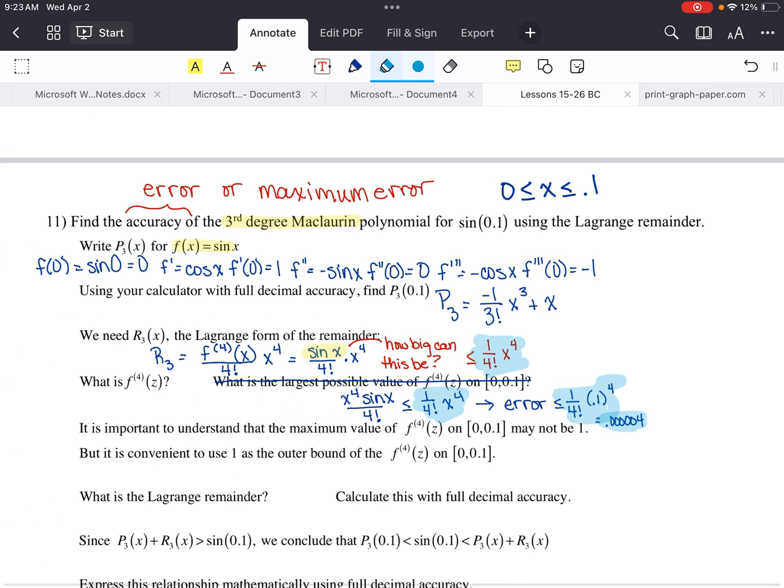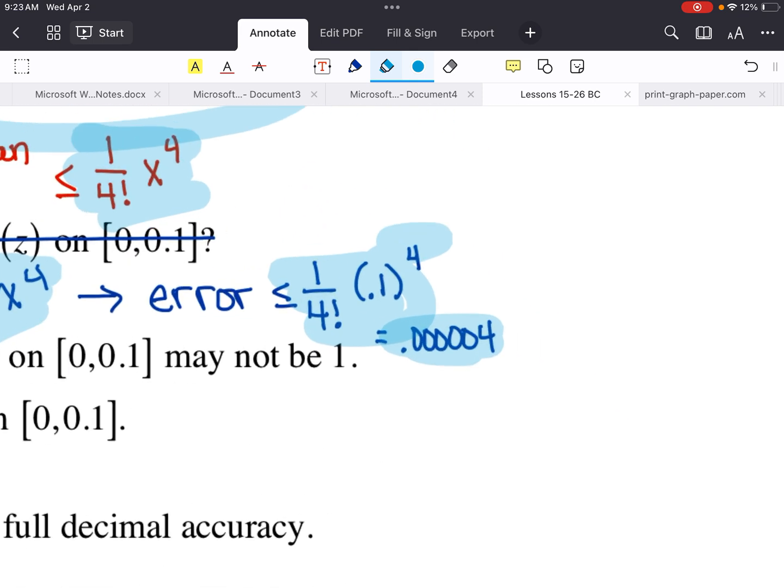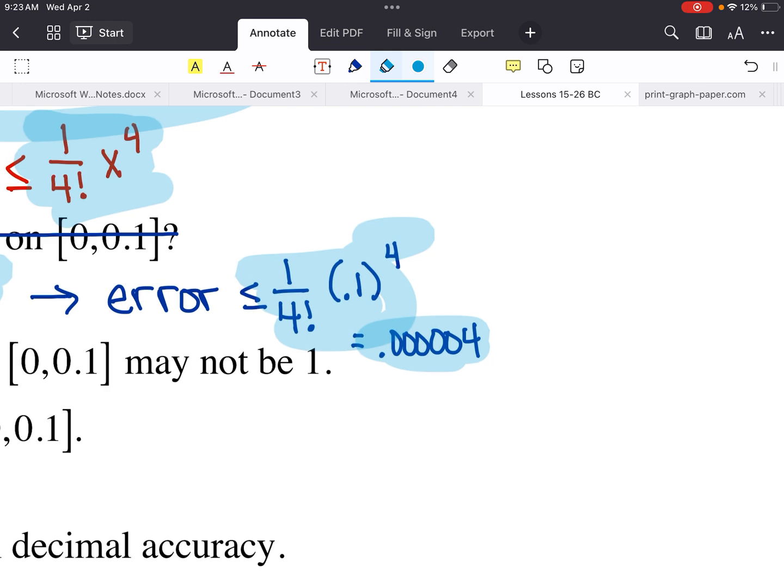So when I use this polynomial and I plug in 0.1, the value I get from P3 and the value I get from the original function are going to be within that much of each other. That's pretty impressive, really. That I could turn a trig function into an algebra equation with only 4 terms, technically, because it's P3, and it is that accurate. So that's how you find the error.